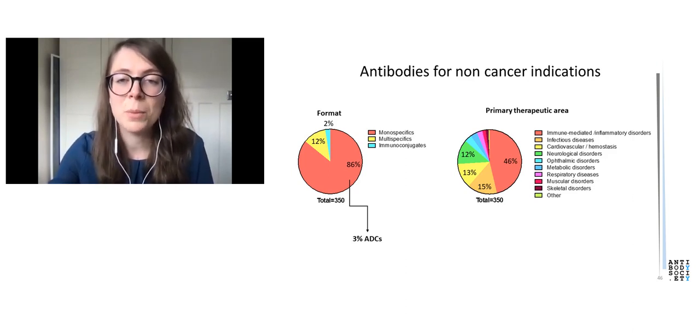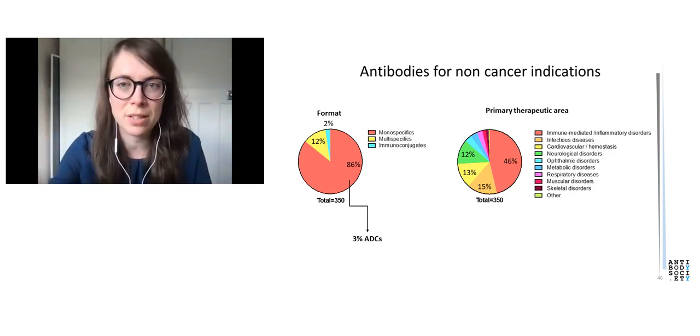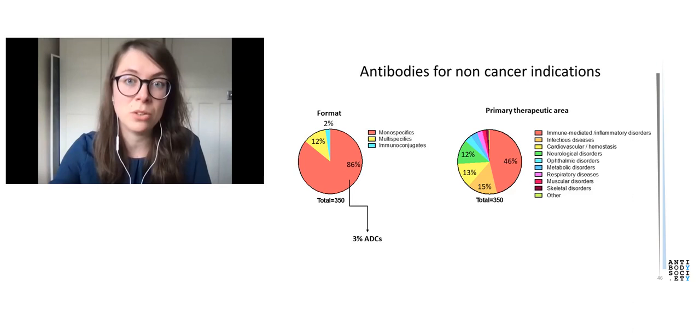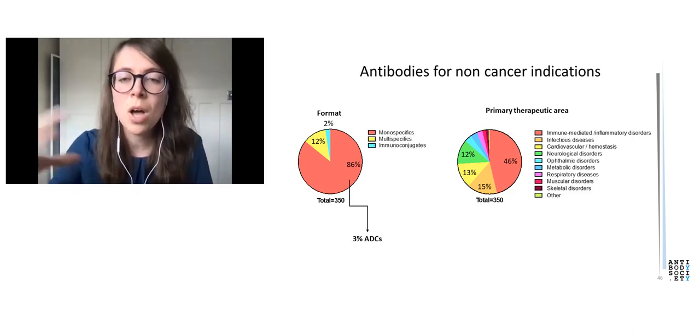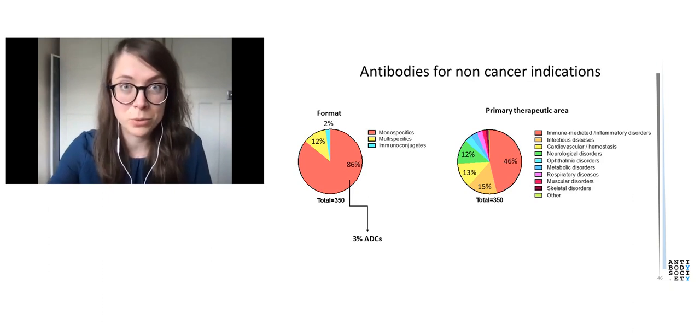By other, we mean 2 molecules which couldn't really fit in any of the other categories, because one is for contraception and the other one is for methamphetamine intoxication. So this is to show you the variety of therapeutic areas you can study and repurpose antibodies to.